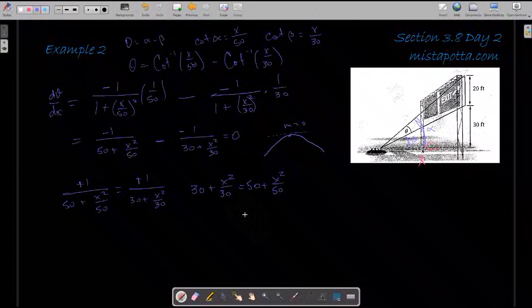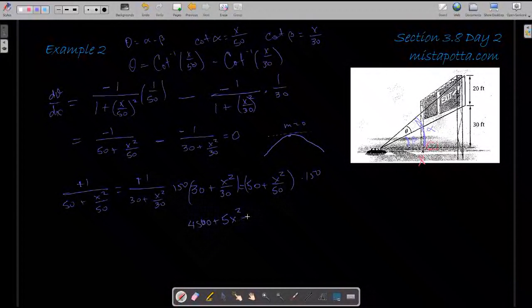And furthermore, I can go ahead and multiply both sides by a quantity, say 150. That way I can eliminate all of my fractions, because 150 will go into 30 5 times. So I'm going to have 4,500 plus x squared.